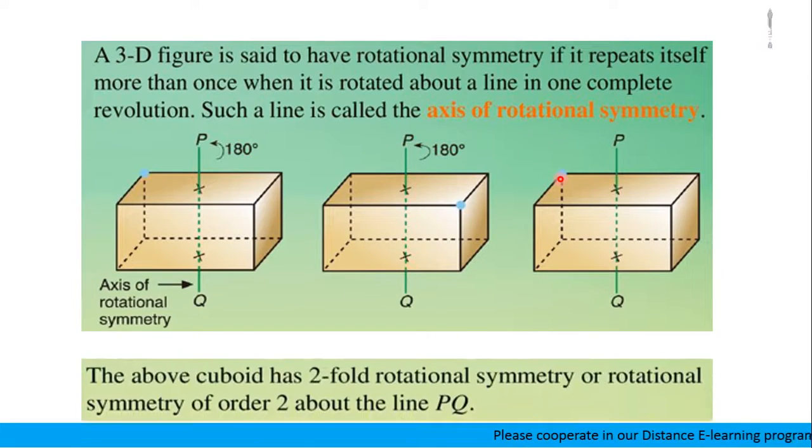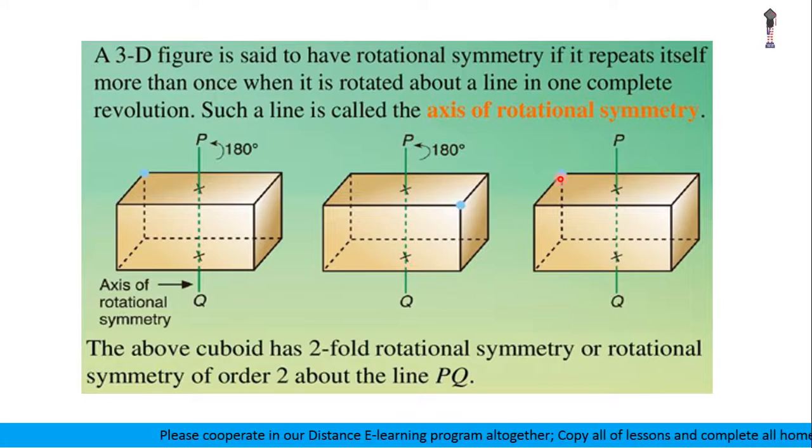So this cuboid has 2-fold rotational symmetry. We rotate it 2 times to get the original shape. So we call it rotational symmetry of order 2 about the line PQ.